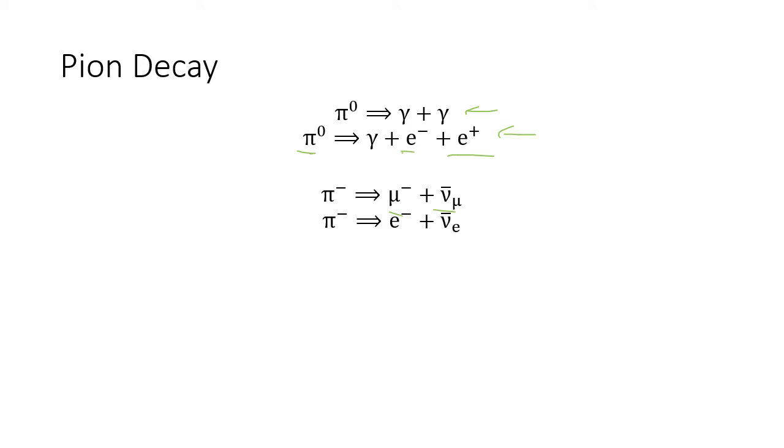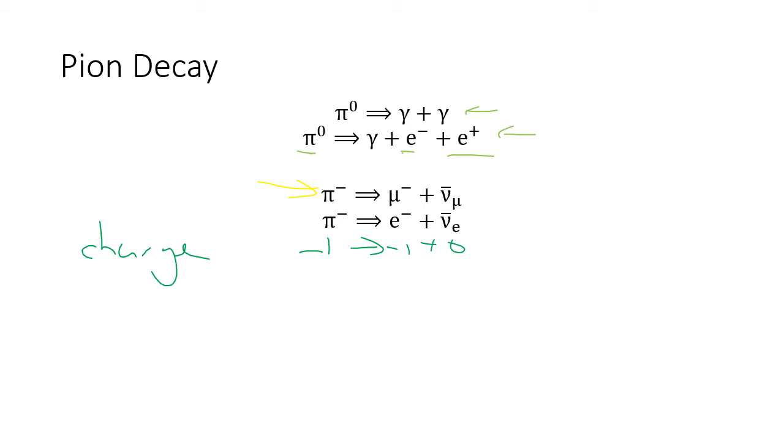If we have a look at it for the electron, this happens much more rarely. The muon is the common one, but it can do the second one. Then this should be very familiar to you. We have a pion decaying into an electron and an antineutrino. And if we think about the rules here, if we do charge, we've got -1 goes to -1 plus 0.